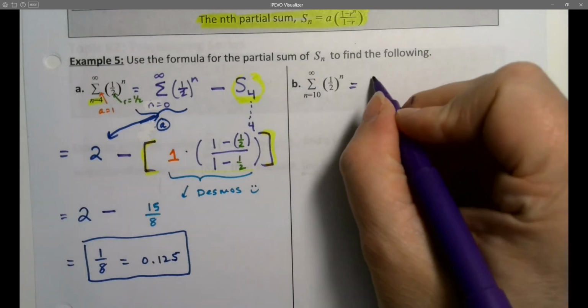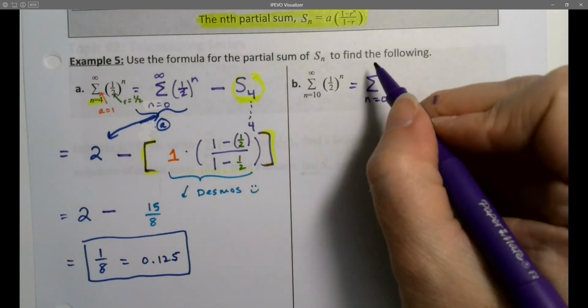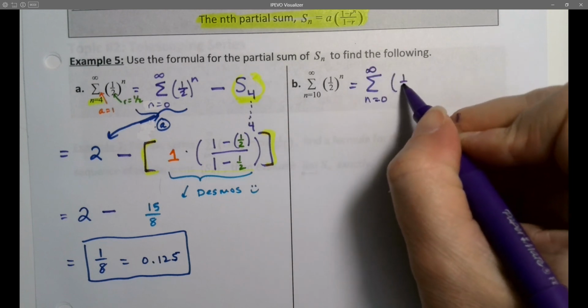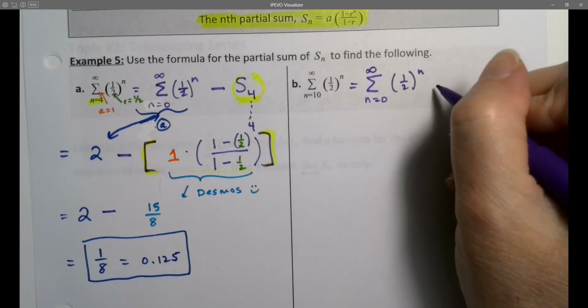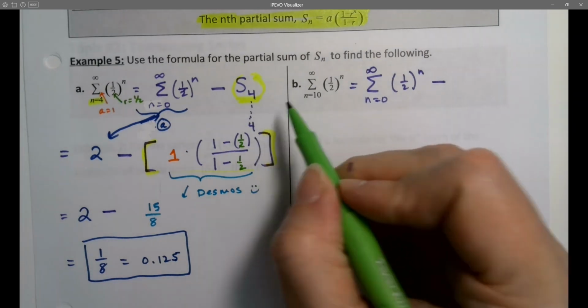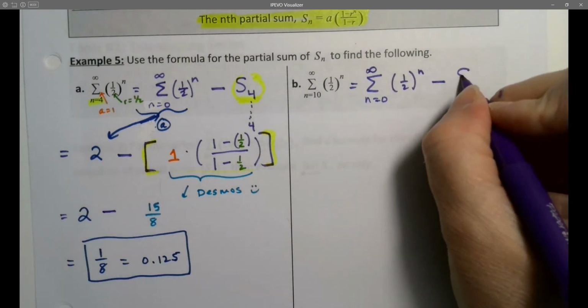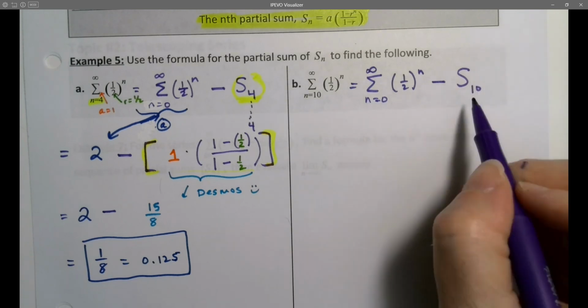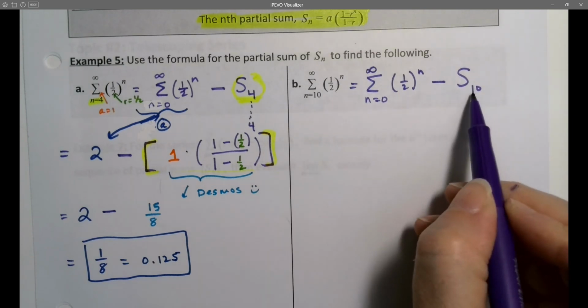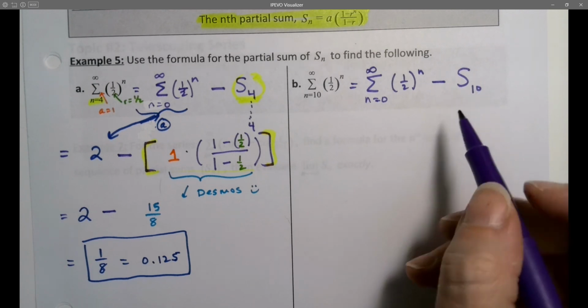So this is the whole thing from 0 to infinity of 1/2 to the n, take away, and then I don't want to write all these out. So it's S sub 10. I want to take away the first 10 terms, which will be 0, 1, 2, 3, 4, 5, 6, 7, 8, 9, right?